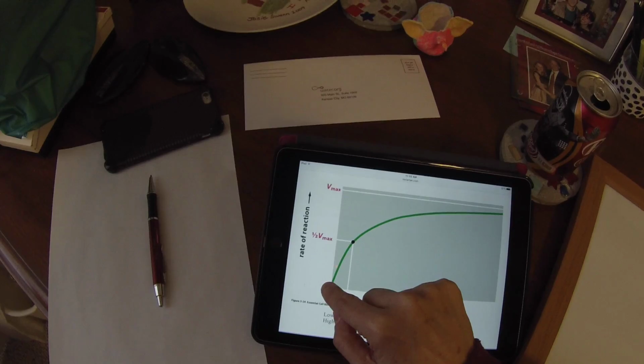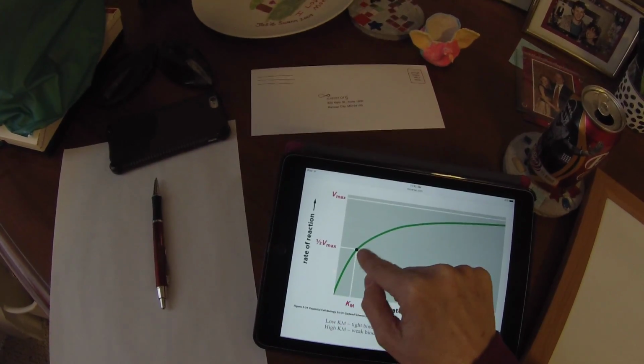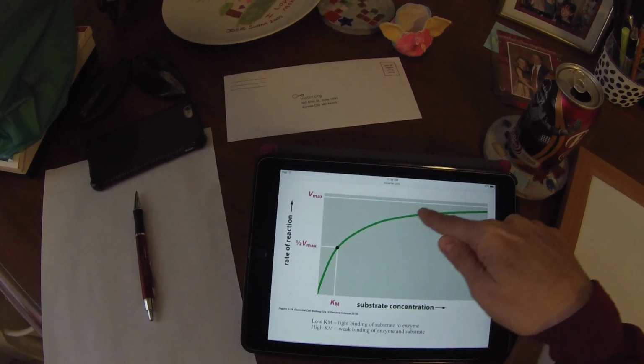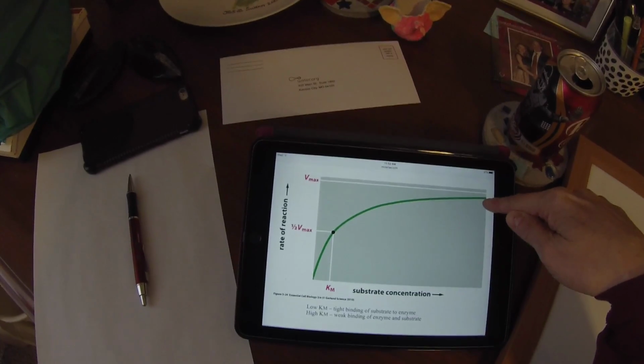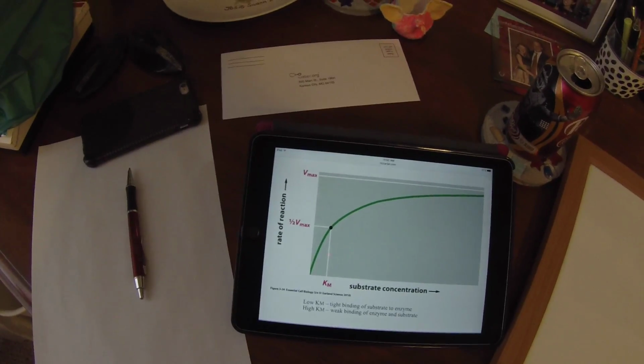So we can get more product converted, which is our measure of our rate of reaction, the more substrate that we have. Now, it gets to a point where it doesn't matter how much more substrate we add, we don't get a change in the velocity of the reaction.